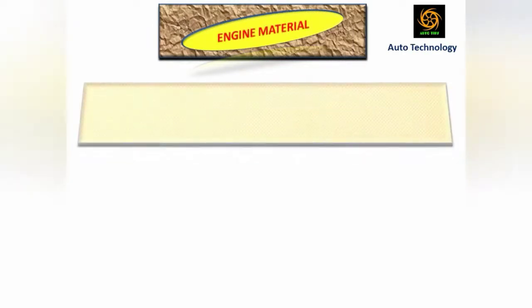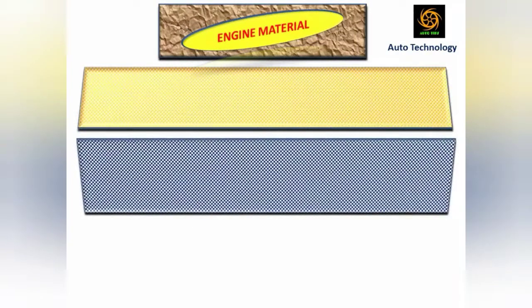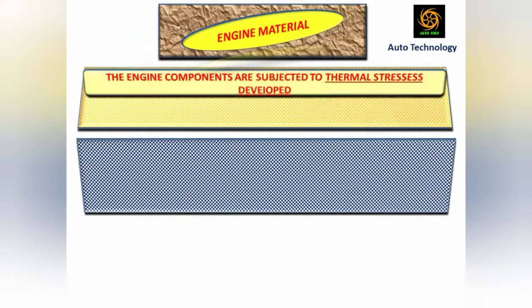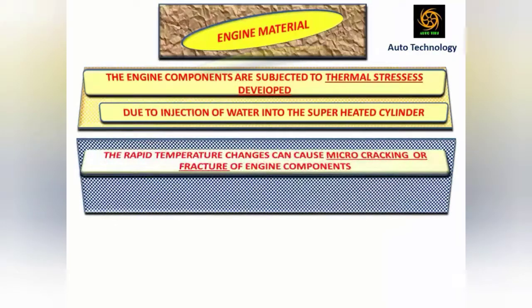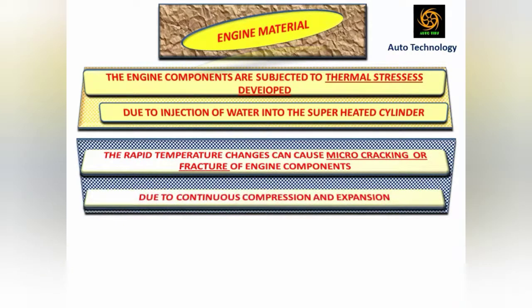The cooling effect of the six-stroke engine is increased due to 2 additional strokes. So engine material should be modified. The engine components are subjected to thermal stresses developed due to injection of water into the superheated cylinder. The rapid temperature changes can cause microcracking or fracture of engine components due to continuous compression and expansion.